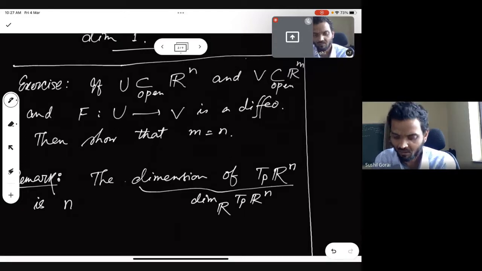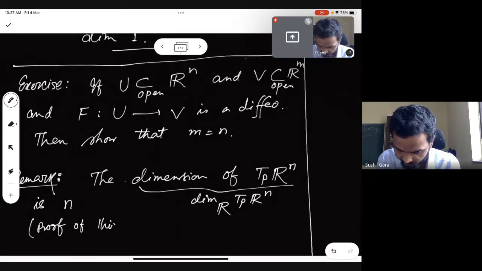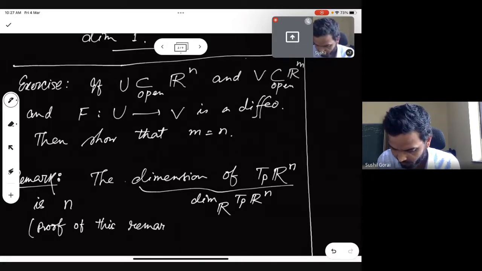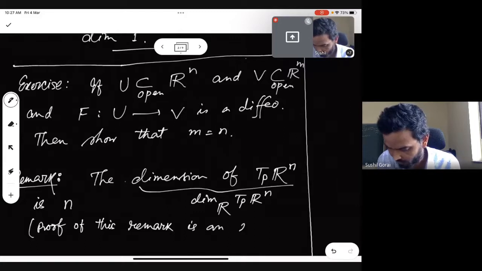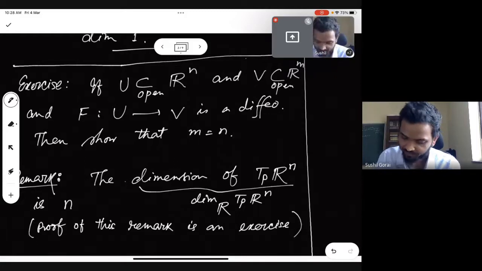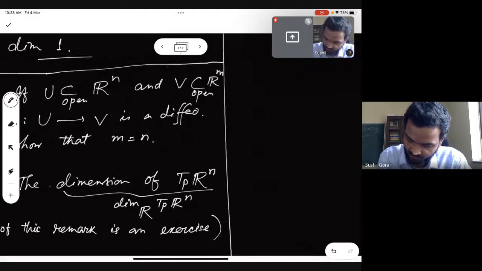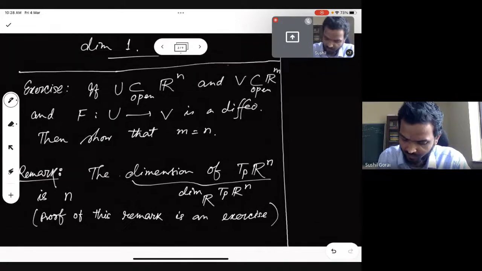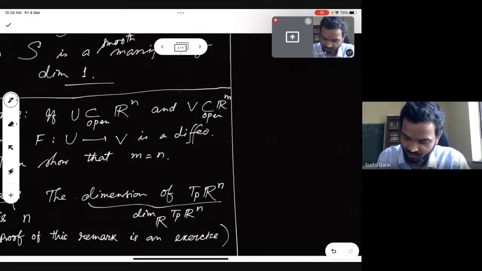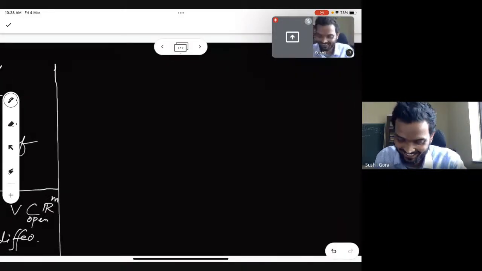So the proof of this remark is an exercise. If you have not done it yet, this remark is an exercise. I've said it at least in some class. And of course, you needed that to prove that the differential of a linear map is linear, which was an exam question.